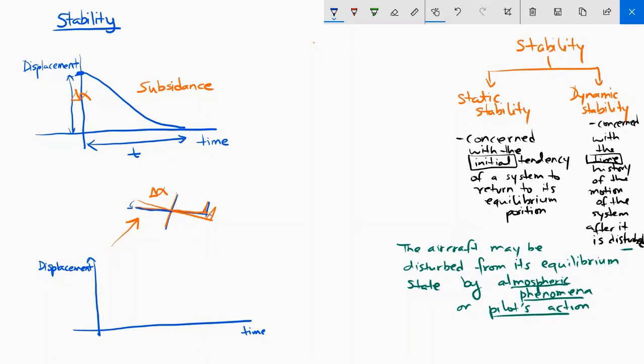Then in that case, the displacement versus time plot will look like this. So the angle of attack changed by delta alpha, and over time the aircraft just continued to pitch more and more up. Obviously we may not want that to happen, okay, but one may end up designing an aircraft which behaves like this. Then this sort of a displacement versus time behavior is known as divergence.